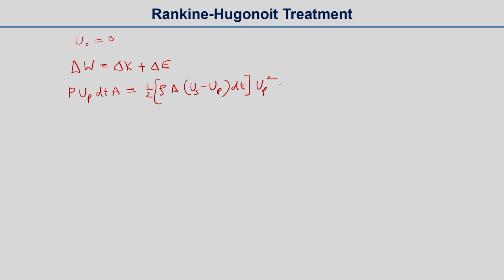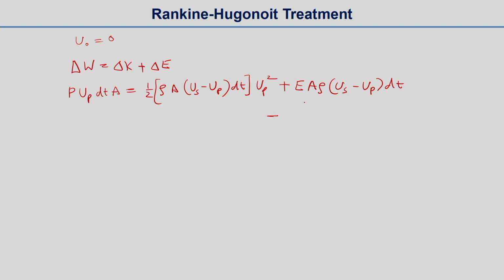So we have delta W equals delta K plus delta E, and that gives P Up dt multiplied by A is equal to half of rho A (Us minus Up) dt times Up square, plus E A rho (Us minus Up) dt, minus the third term will be 0, because that has a u naught square.